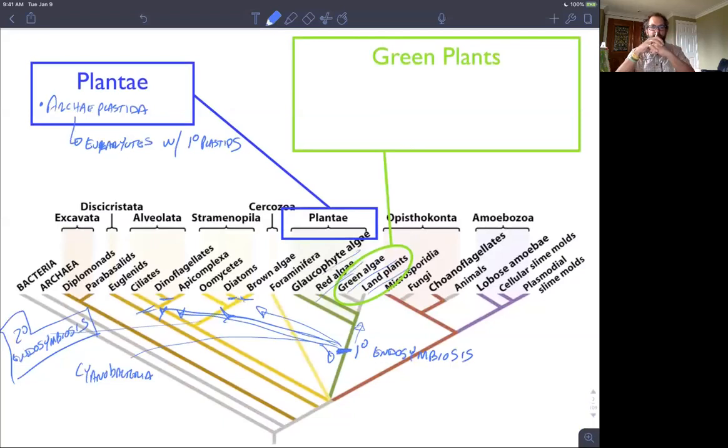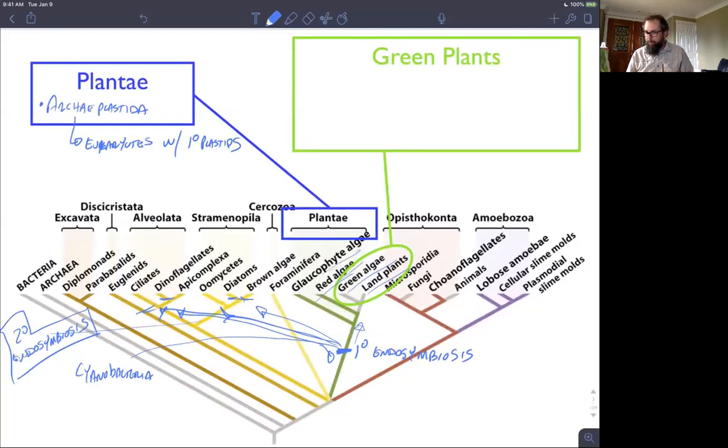When this gets engulfed by another separate eukaryotic cell, then we have multiple different membranes surrounding it. And so we end up with 2, 3, and in some cases 4 membranes surrounding the chloroplast in these other lineages, which are evidence for these secondary endosymbiotic events.